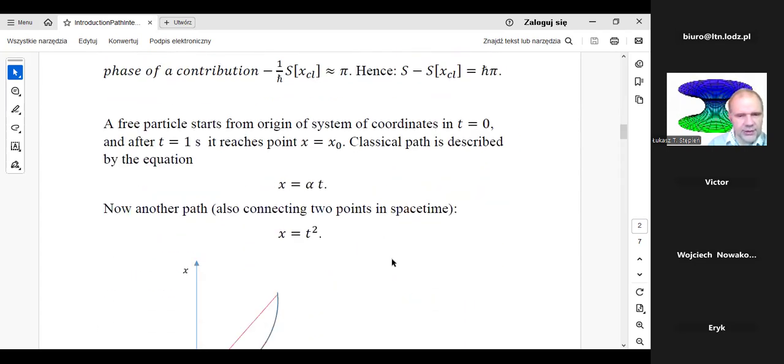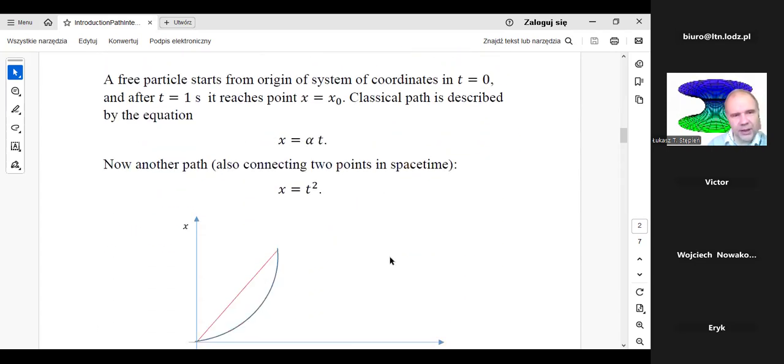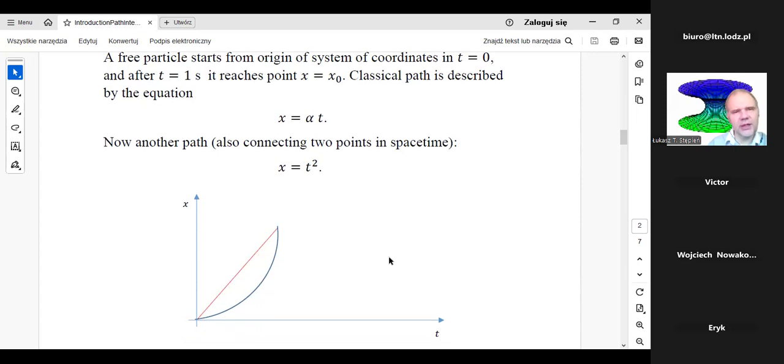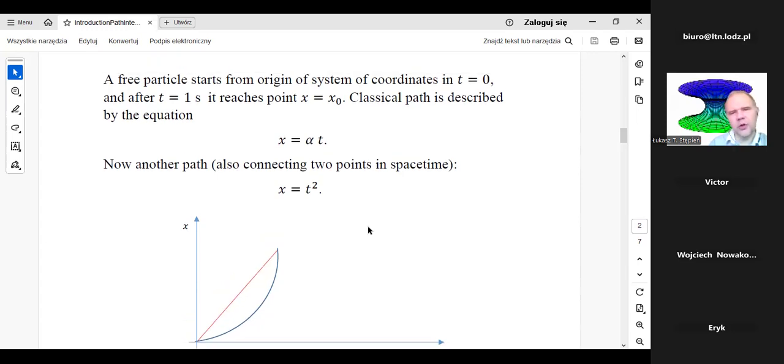We consider the example of a free particle starting from the origin of the coordinate system at the moment t equals 0, and after, for example, 1 second, it reaches a point x0. The classical path is described by such an equation.